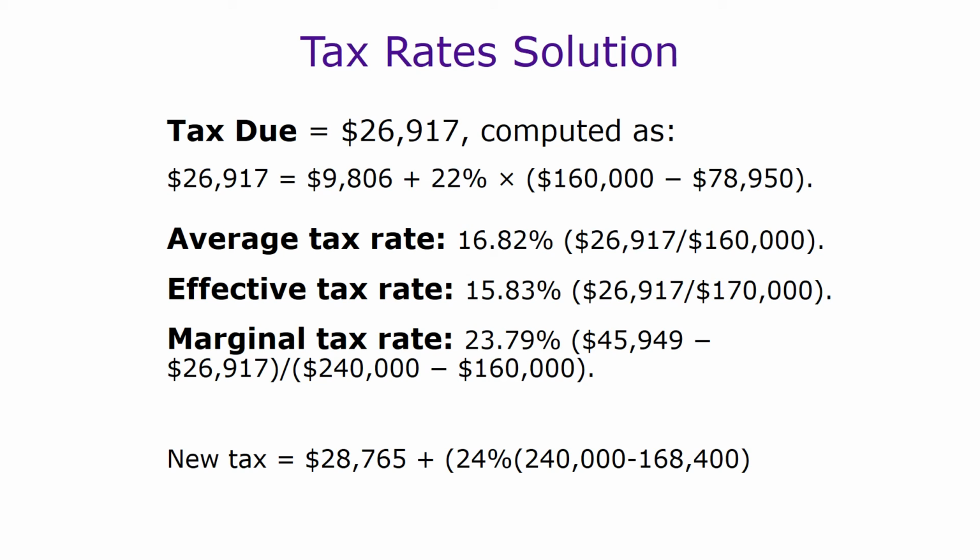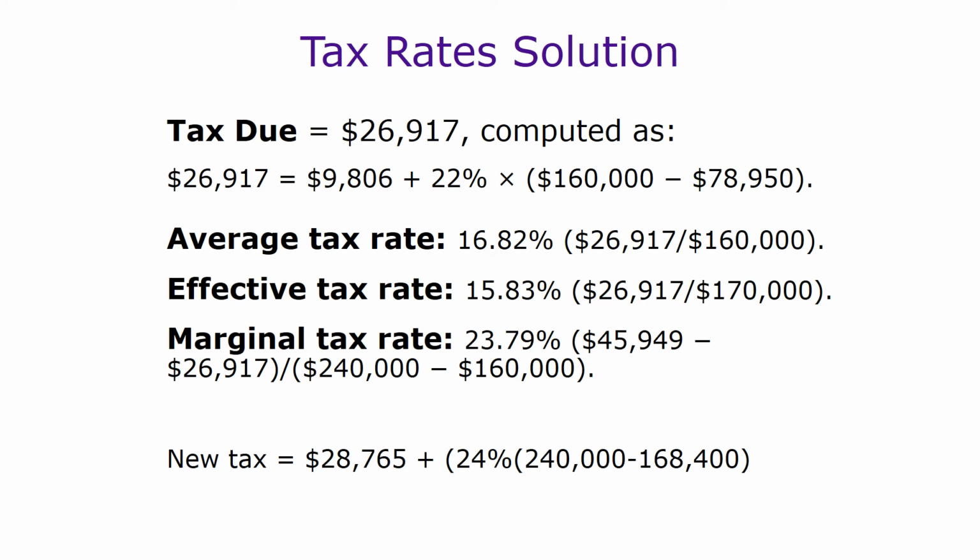So how do we find the tax rate just on that additional income? We'll take a look back up where it says marginal tax rate. We take the new tax that we just computed on the new taxable income, the $45,949, and we subtract it from the old tax on the old taxable income.